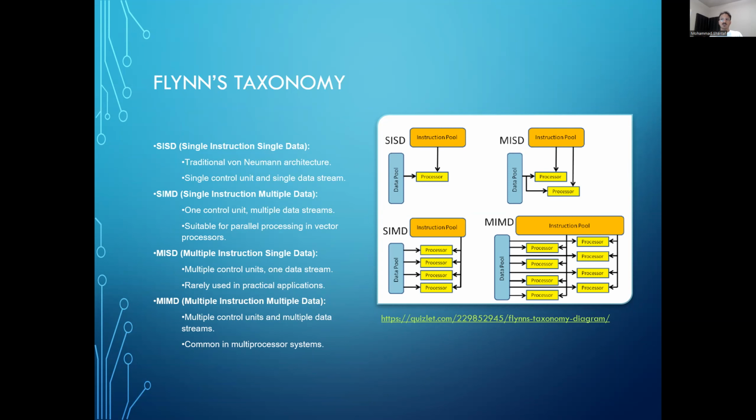SIMD is single instruction, multiple data, which has one control unit going up to multiple streams. An MISD is multiple control units, and they all fall back to one data stream. And last but not least is an MIMD with multiple streams and multiple control units, and they all fall back to one another. That is mainly common in multiprocessor systems.